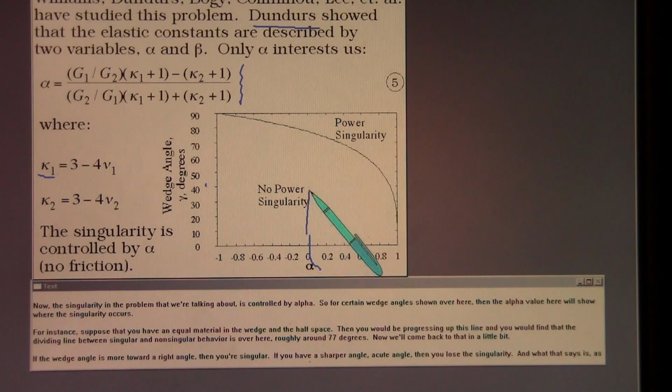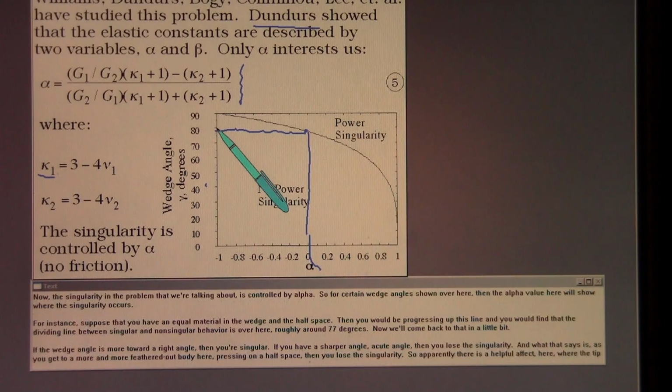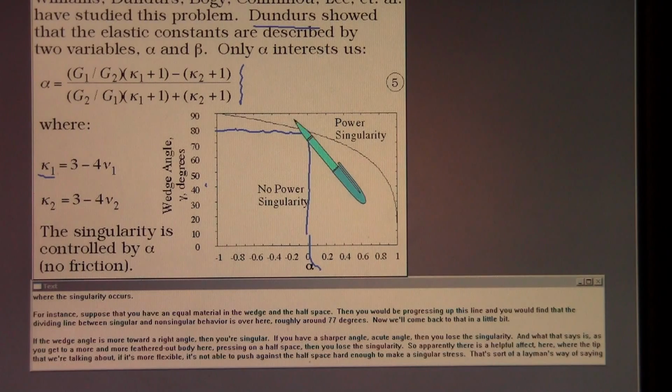Then you would be progressing up this line, and you would find that the dividing line between singular and non-singular behavior is over here, roughly around 77 degrees. And we'll come back to that in a little bit. If the wedge angle is more toward a right angle, then you're singular. If you have a sharper, acute angle, then you lose the singularity.